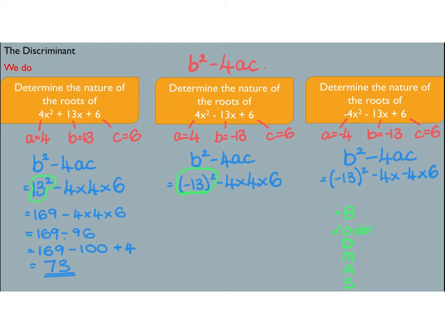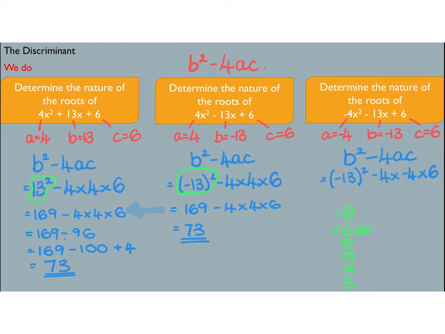Minus 13 squared. Minus 13 times minus 13. A minus times a minus makes a positive. So we've got 169 again. So this question is turning out to be exactly the same as the last one. So I know the answer for this one is also going to be 73.